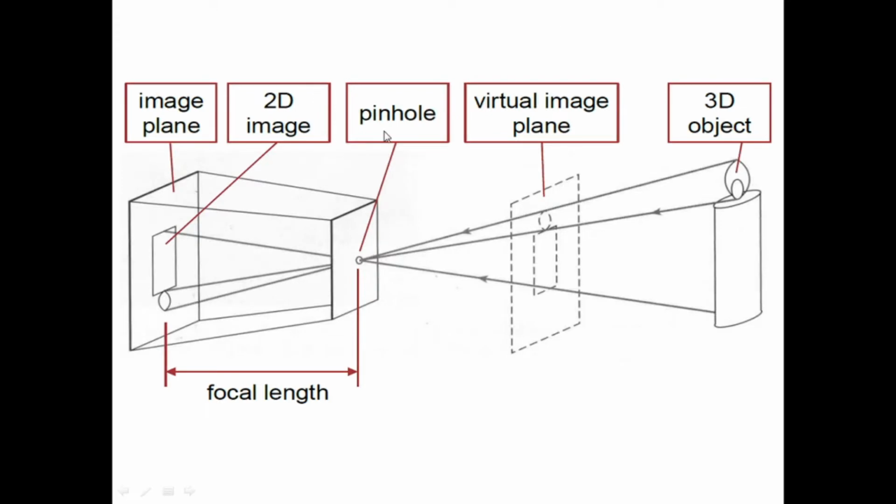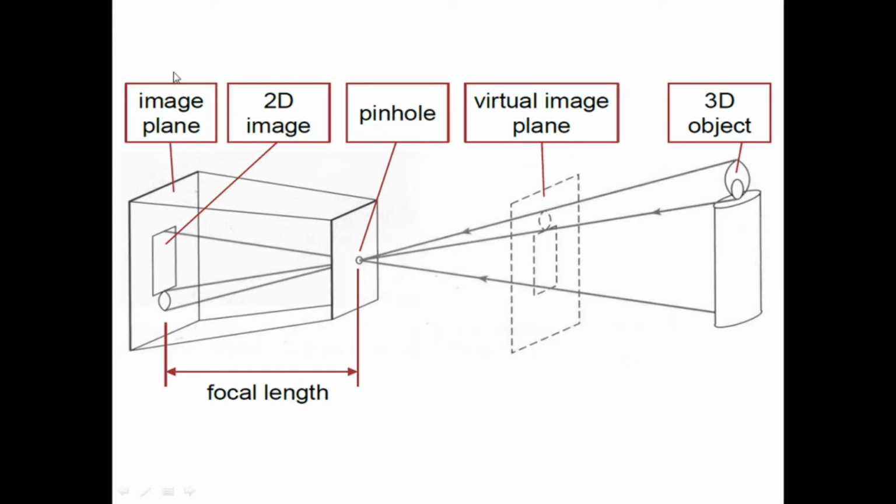The same concept I am also showing here. This is my enclosure and this is my pinhole camera. This is my complete box, and this box has a small hole. This small hole is an aperture. This is a pinhole, and the distance from this point to the image plane, let me call it the focal length of the camera.